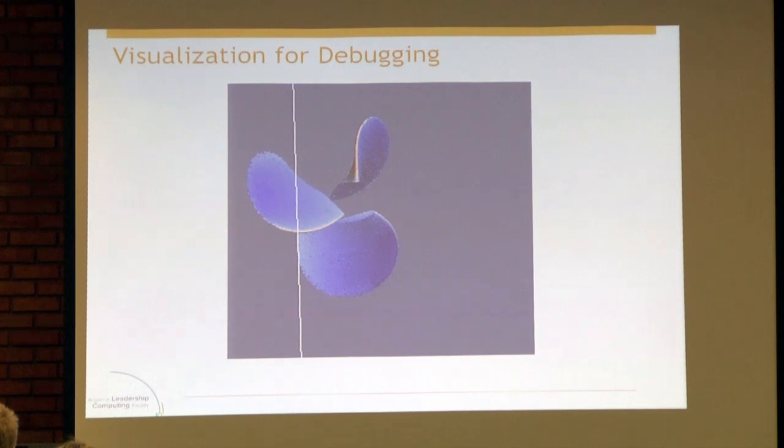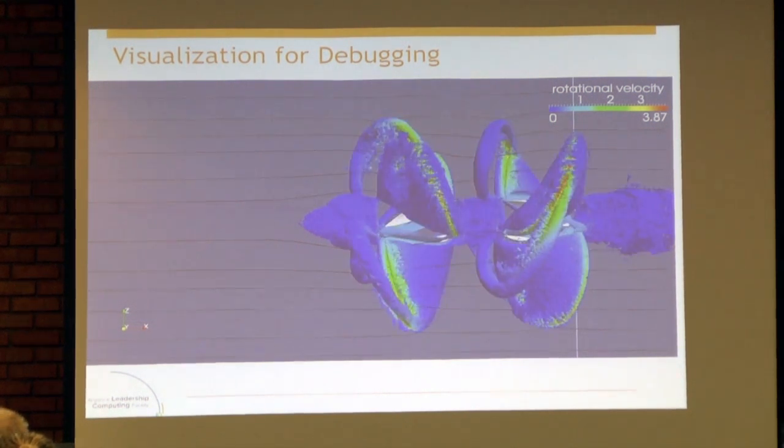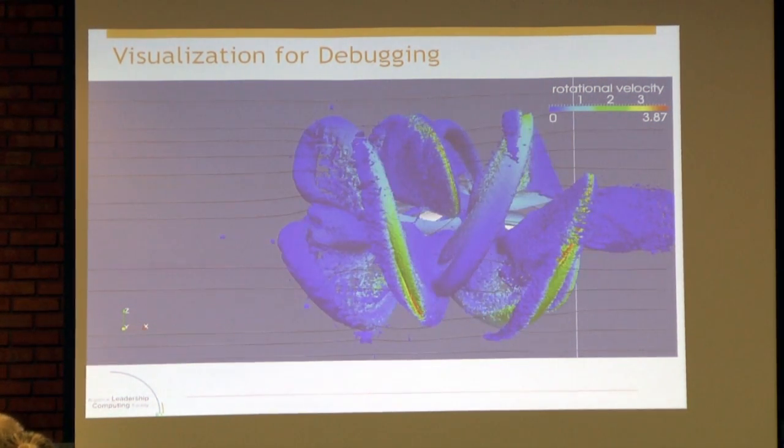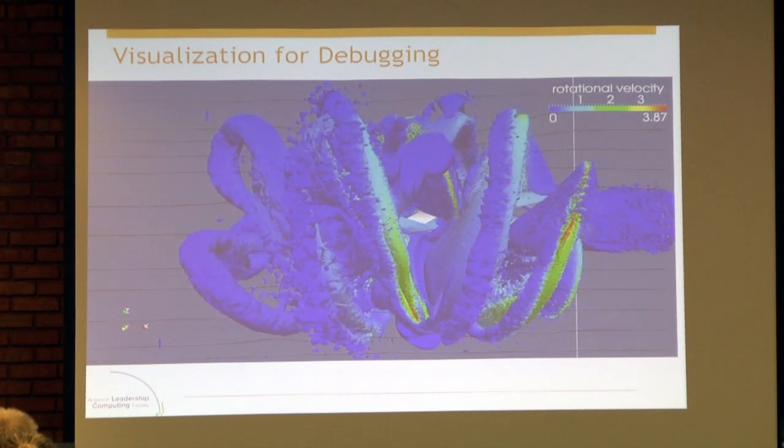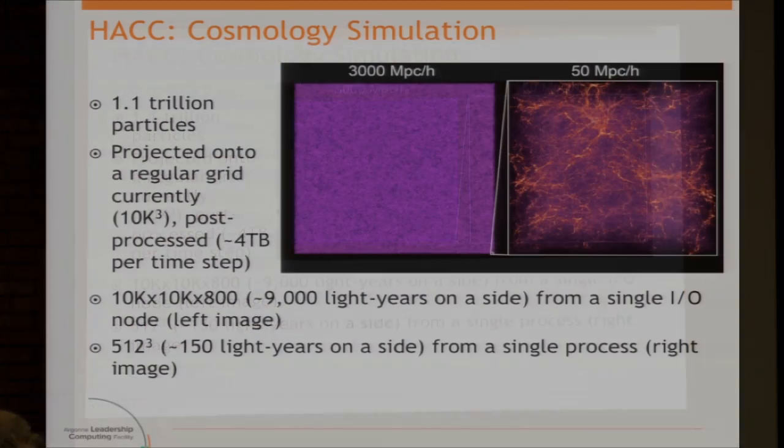By visualizing it, they were able to understand there was a problem that keyed them into where to look in the code to figure out what went wrong. And this is a visualization of what they were expecting to see after they fixed the problem, where they're looking at these vortices caused by the flow.